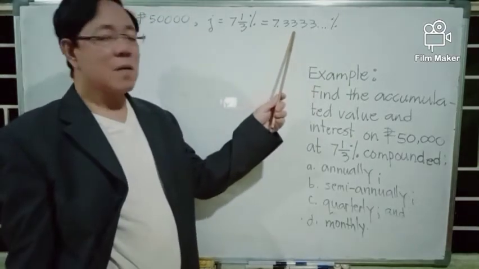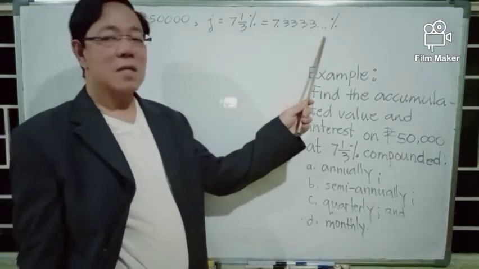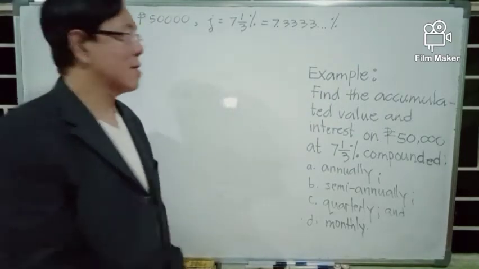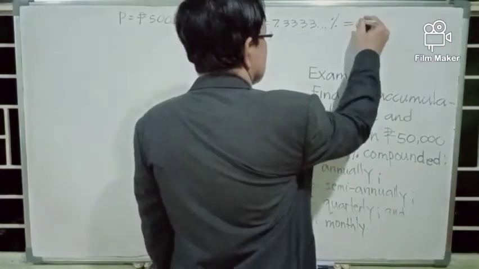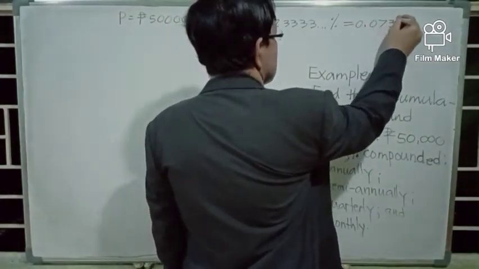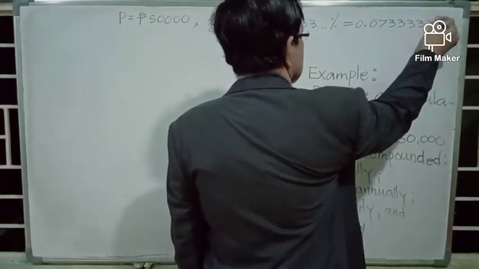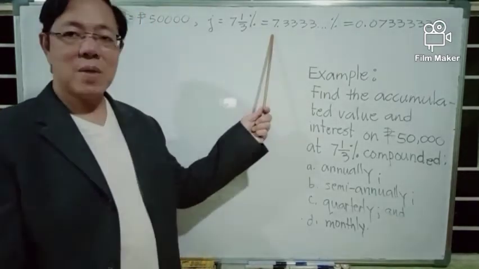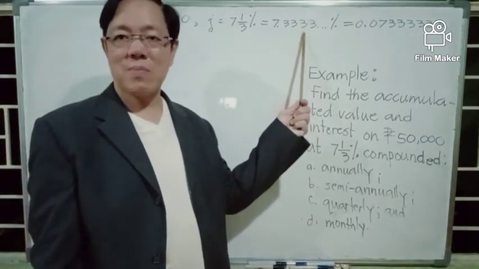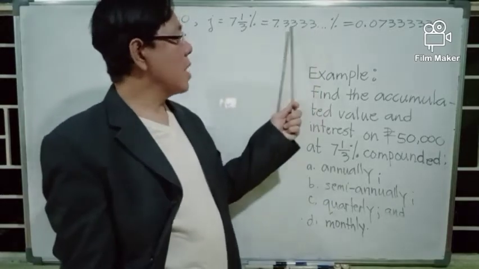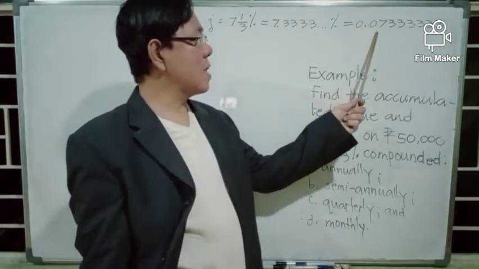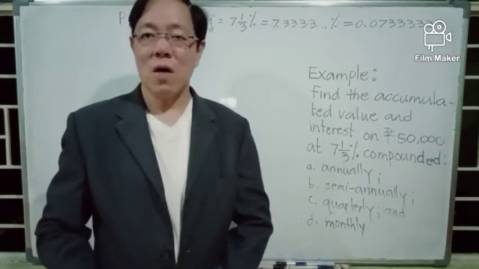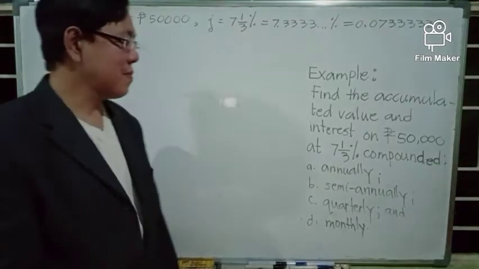To convert this, divide 7.3333 by 100 and you should get 0.0733333. And we take all the decimal numbers because we will round off only in the final answer.